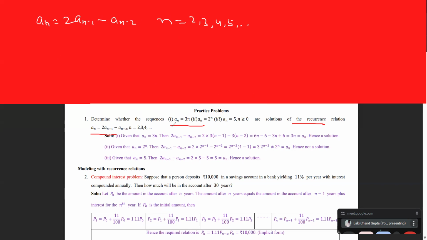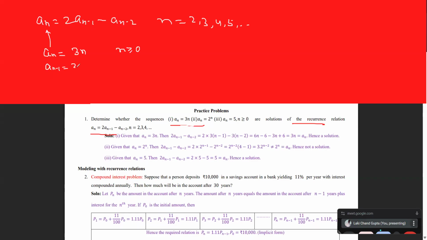So first we try the first solution. 3n. N starts from 0 or greater than 0. A0. Right? Okay. So A0. See. A n is given. Put a n.